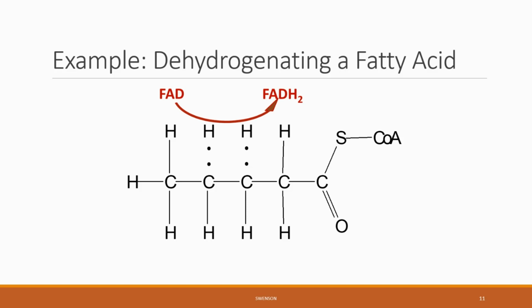Here we see the FAD picks up two hydrogens and the two electrons. Now, what does carbon do with its lone electron? Well, after taking their electrons, we see here that it's leaving only the carbon's electrons behind.